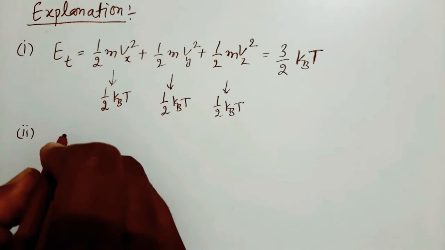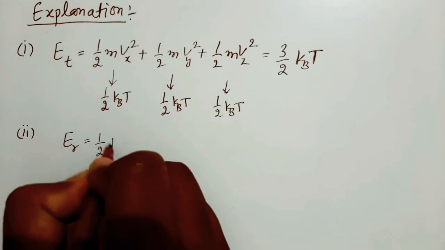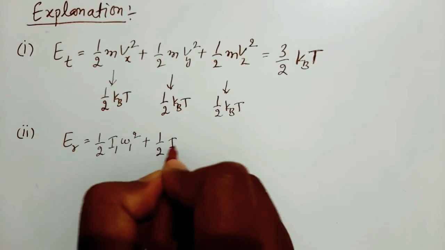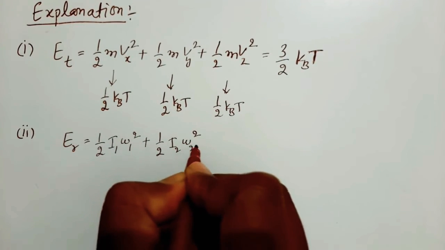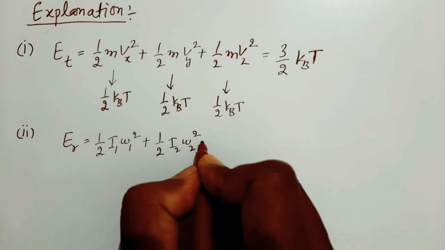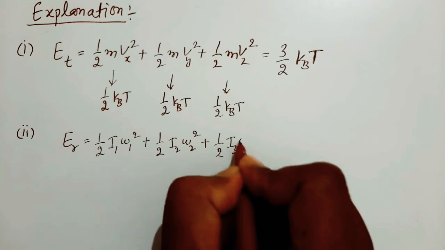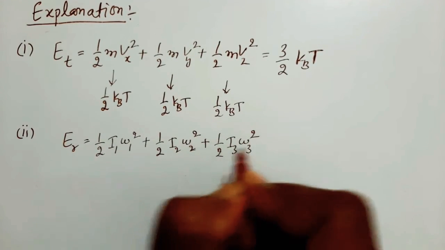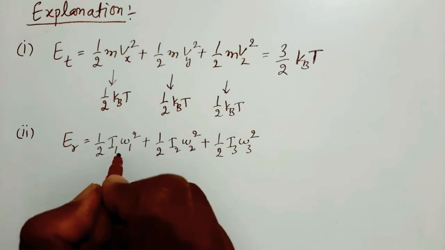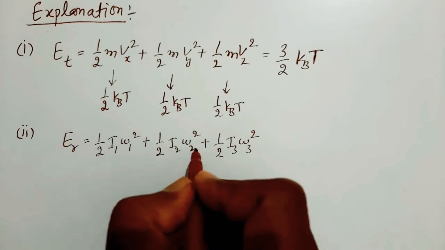Total energy in rotational motion ER, we know, is 1/2 I1 omega1 square plus 1/2 I2 omega2 square. Here I am taking a polyatomic molecule, so it has 1/2 I3 omega3 whole square. For a diatomic molecule, it has only two modes. For a polyatomic molecule, it has three modes.